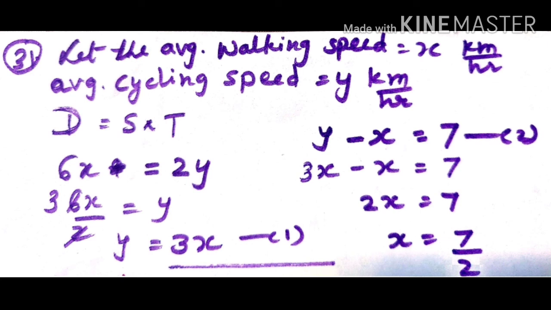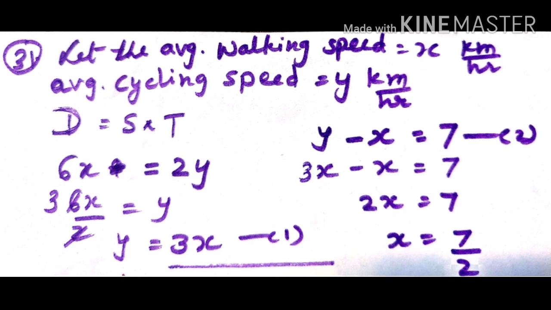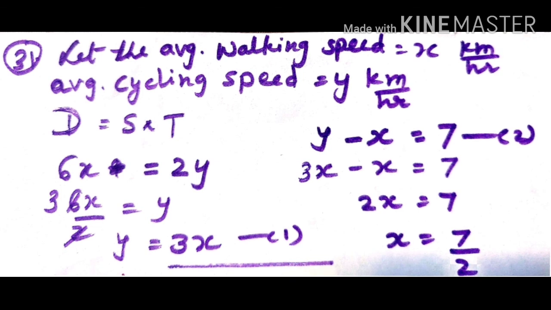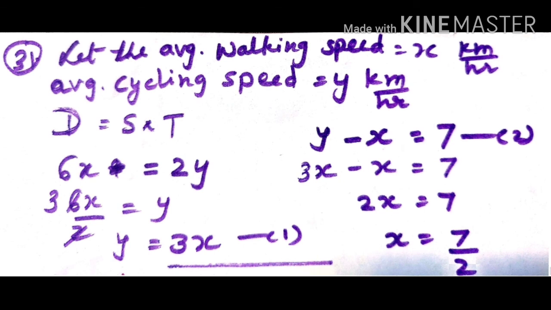So 6x is equal to the time taken by bicycle, which is 2, and the speed of the cycle is y. So 2y, speed into time, is equal to the distance. But in both ways he is covering the same distance, that is why 6x is equal to 2y. Now 2 taken to the left side denominator, so 6x upon 2. 2 threes are 6. I get y is equal to 3x, first equation.